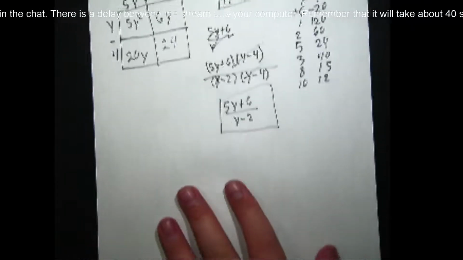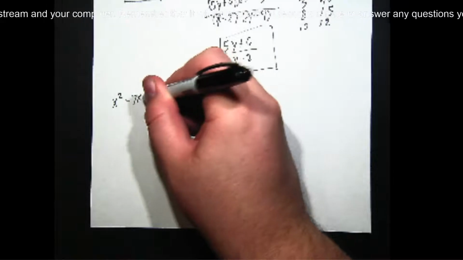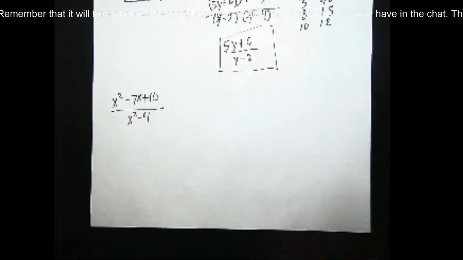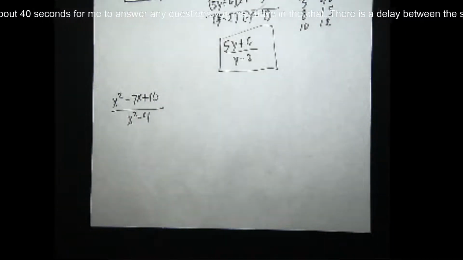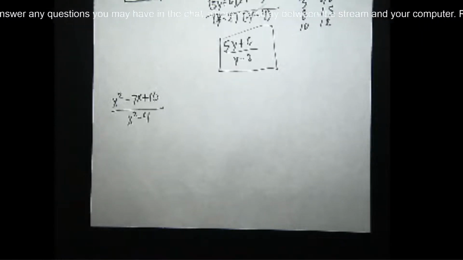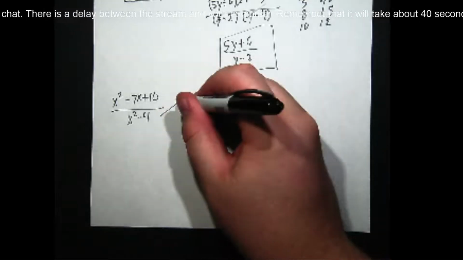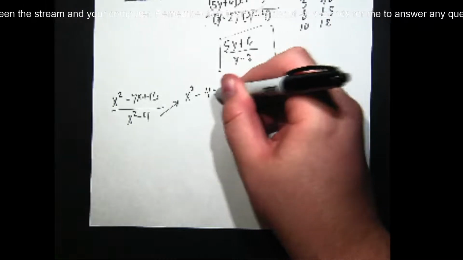Next, pretty similar. We've got another rational expression. We've got x squared minus 7x plus 10 over x squared minus 4. So once again, what we want to do here is simplify and state whatever excluded values we have. Okay, so again, the bottom part has to be not equal to 0. X squared minus 4 cannot be equal to 0.